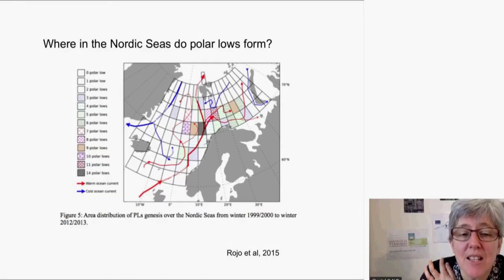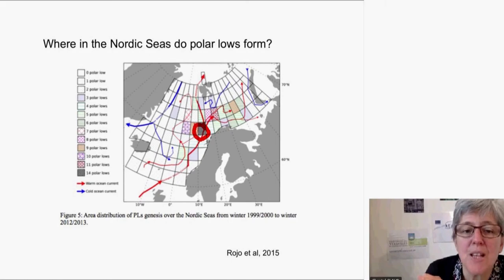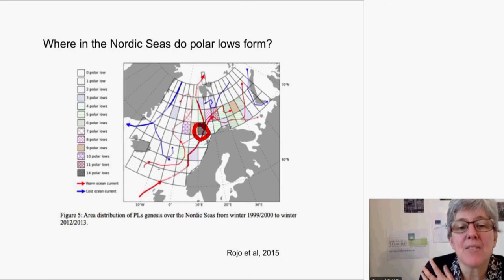Again, based on the map of all the tracks of polar lows, we count the number of polar lows for a small rectangle like here, and you superpose the oceanic currents. Over this area we have a warm current, which is called the Gulf Stream, and which takes two different directions here, going to the east or going to the north.